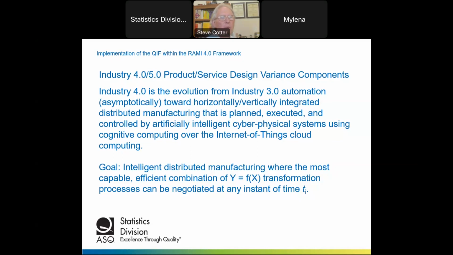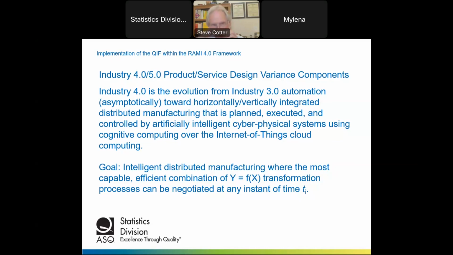So Industry 4.0 is the evolution from Industry 3.0 automation asymptotically toward horizontally, vertically integrated distributed manufacturing that is planned, executed, and controlled by artificially intelligent cyber-physical systems using cognitive computing over Internet of Things and cloud computing. There is the big difference in the limit.